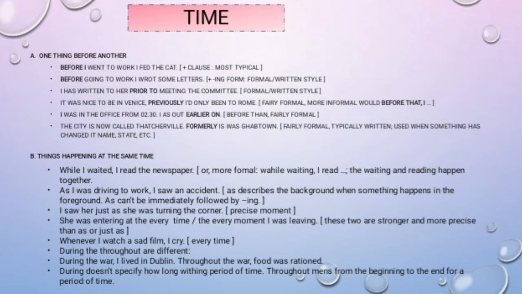Things happening at the same time. There are while I, as, at every time, whenever, during, and during. First, I read you the example and explain a little about while I. You can watch the first example: while I write, I read the newspaper.